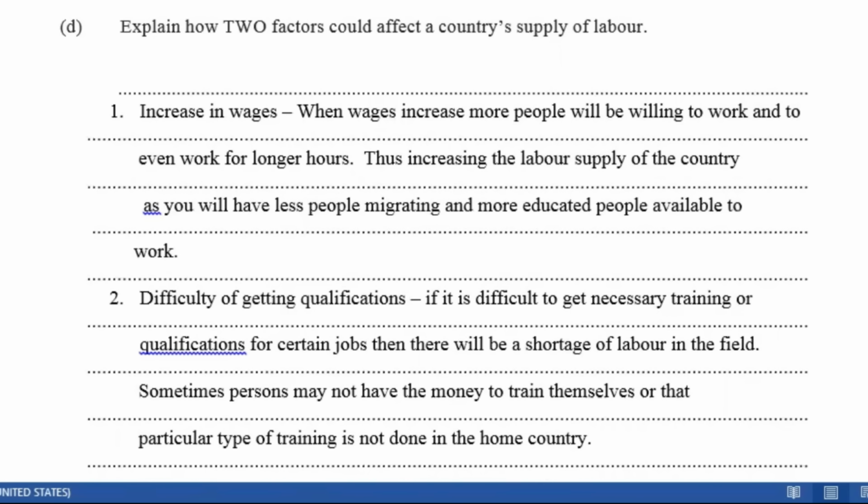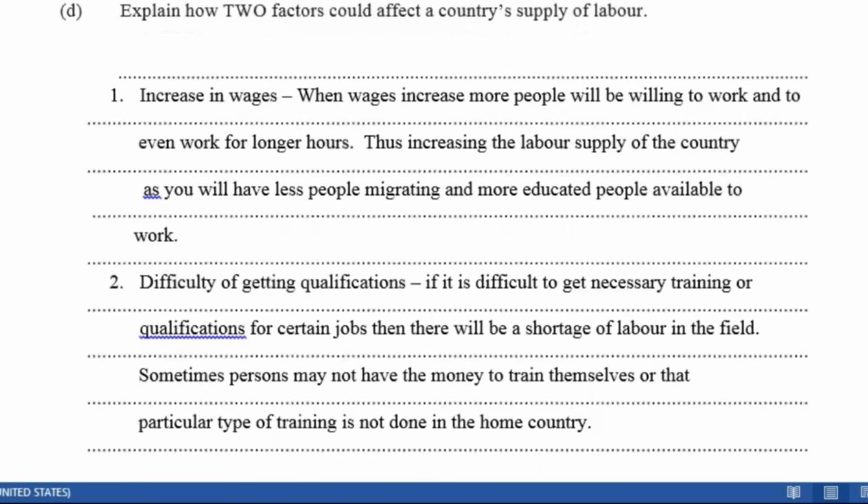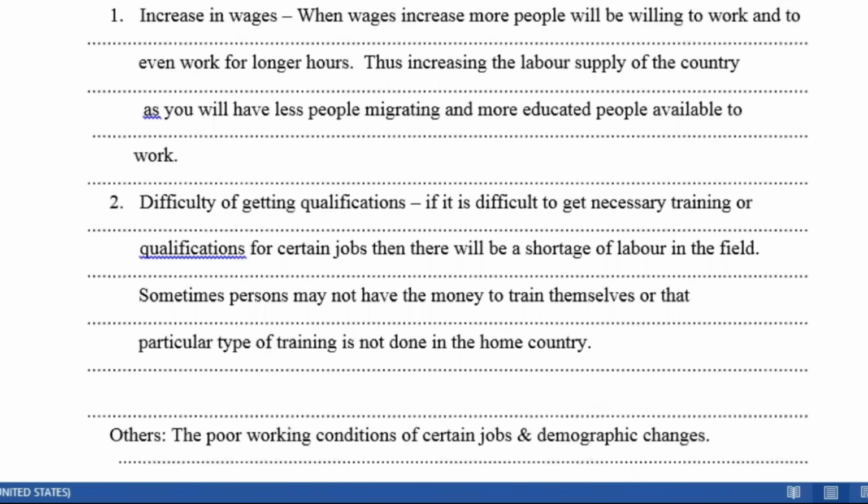And sometimes persons may not have the money to train themselves in school, or that particular type of training is not available in the home country, and persons usually are not able to get trained because they don't have the resources or money to travel to another country to study, right? And scholarships, maybe not everybody might be able to access scholarships, so that can affect a country's supply. Those are two factors that can affect a country's supply of labor.